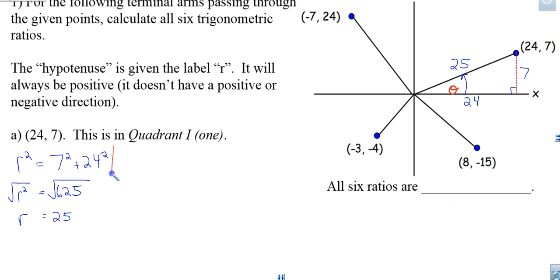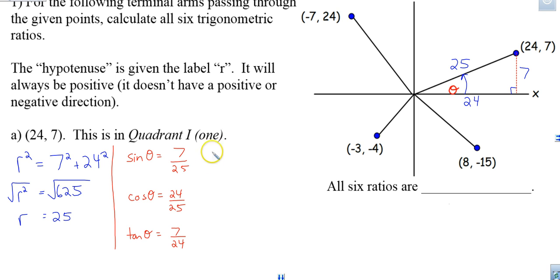Now I can list all my trig ratios given this triangle right up here, so you can ignore everything else for now. Starting with the sine ratio, sine of that angle theta would be opposite over hypotenuse, so 7 over 25. Cosine theta would be the adjacent side, 24 over the hypotenuse, 25. And tangent theta would be opposite over adjacent, so 7 over 24.